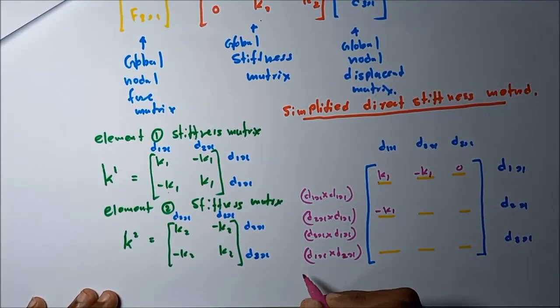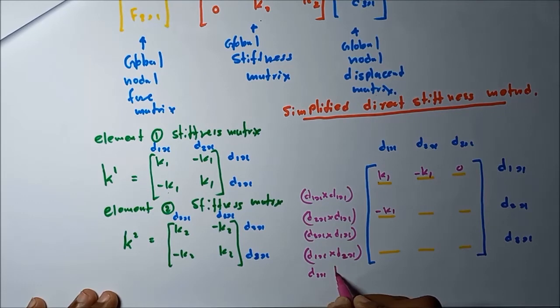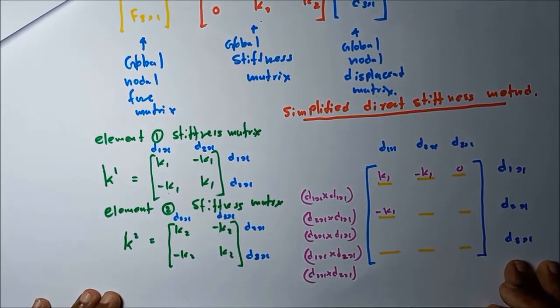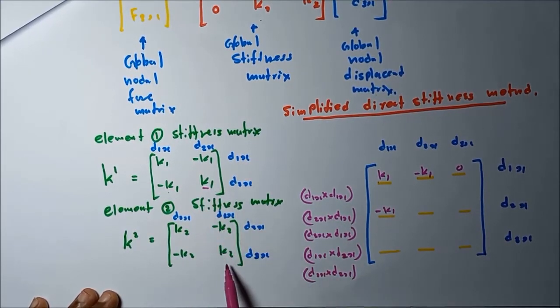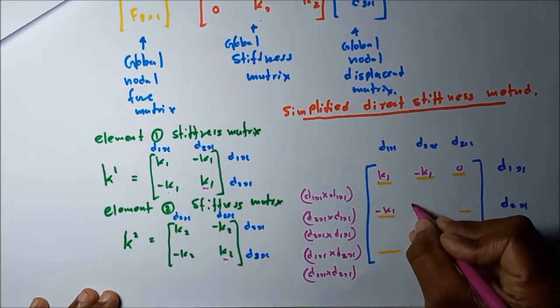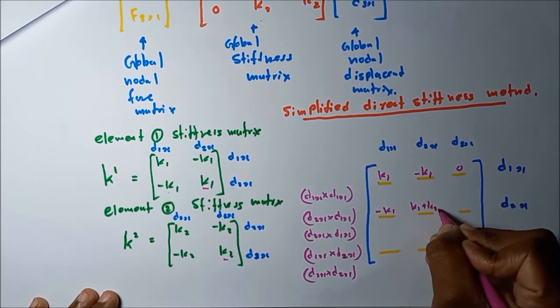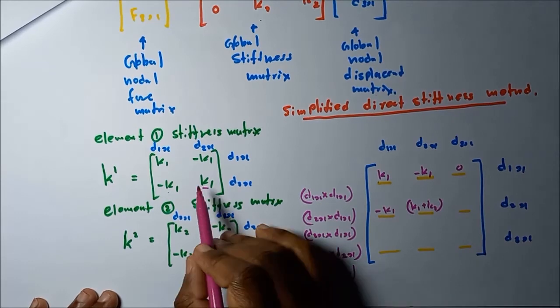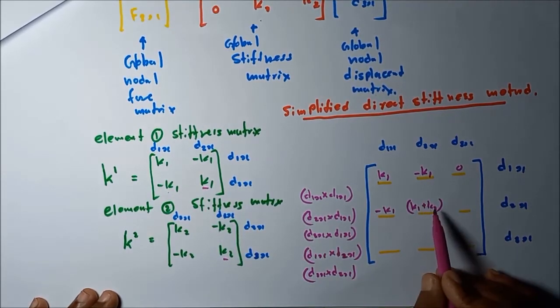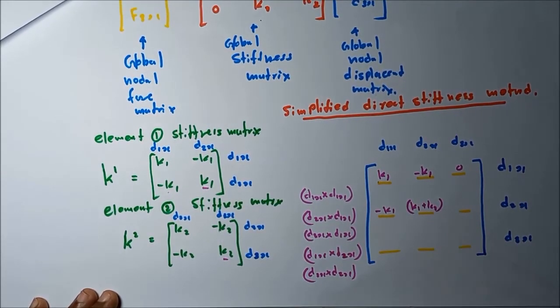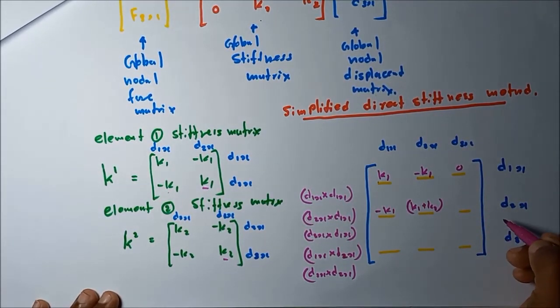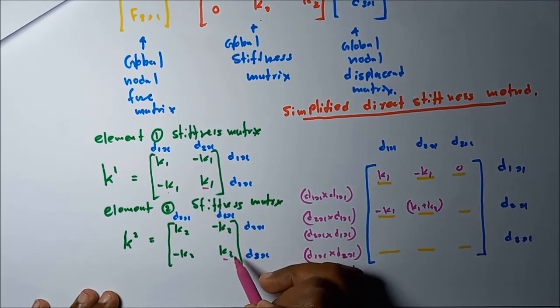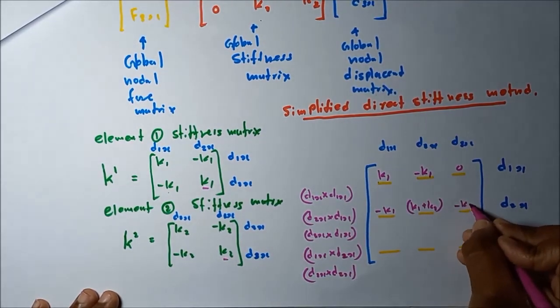Then d2x d2x terms. What are the d2x d2x terms? Here there is a 1, here there is a 1, so k1 plus k2. There are two terms, which is why we put it this way, by adding these two. Then d3x d2x terms, minus k2.